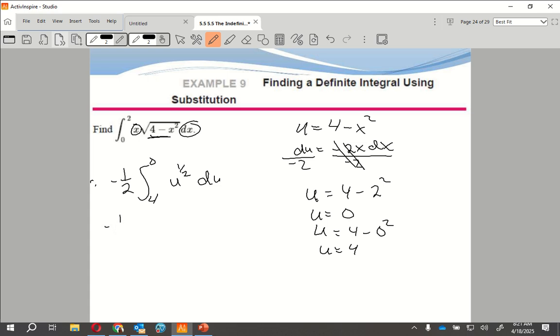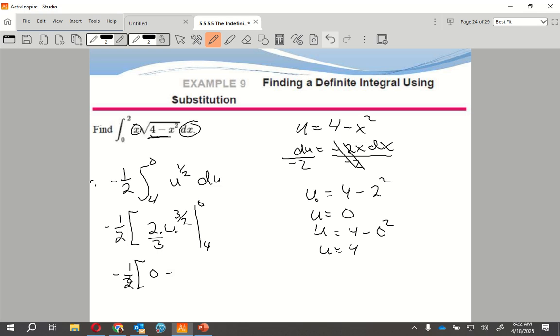So I get negative 1/2 still. And that's going to be u to the 3 over 2 times 2 over 3 from 4 to 0. So if I plug in 0, my upper bound, I get 0, right?